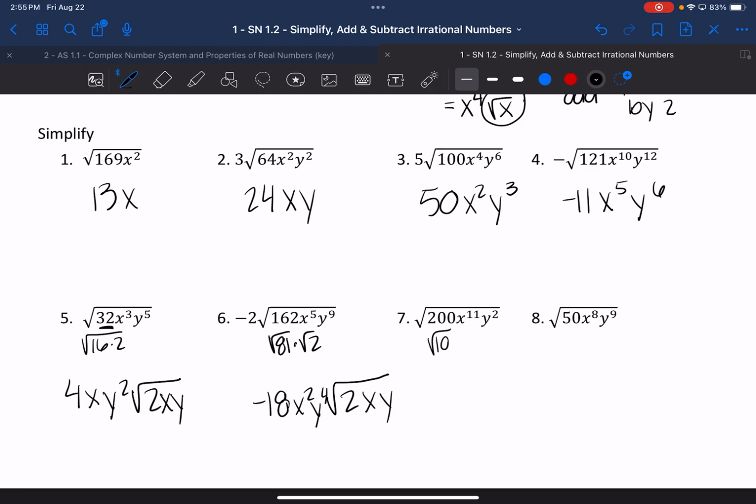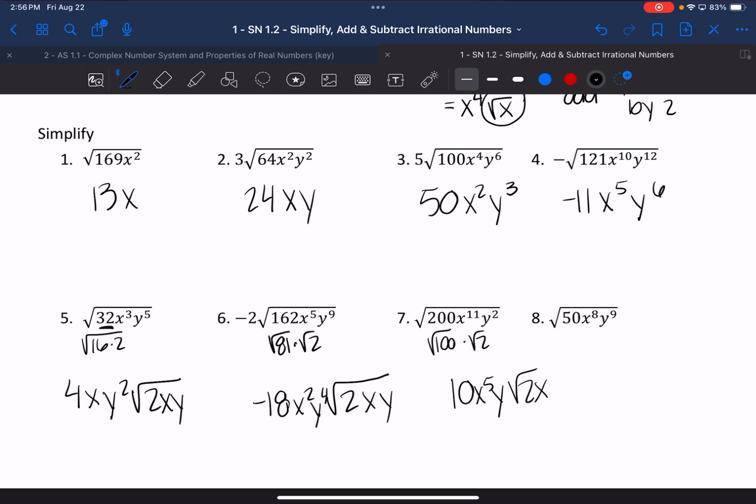Good. So I got 102. All right, square root of 100 is 10. Okay. All right, for x, what are we going to get? X to the fifth, X on the inside. And then for y, just a y on the outside. Do we need one on the inside? Nope, because that one was even, right?